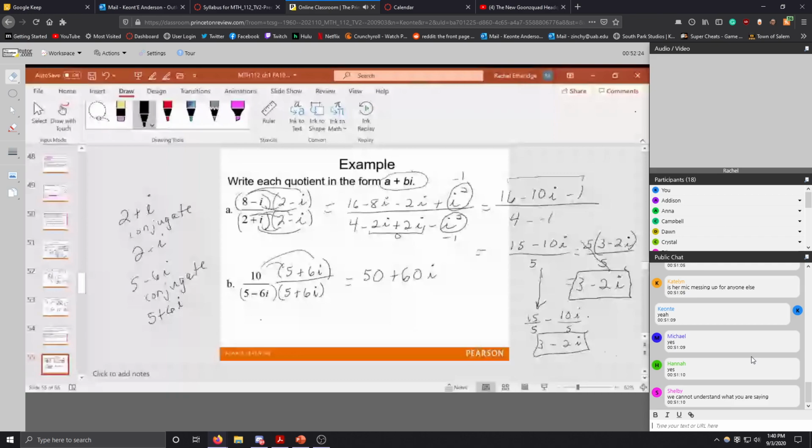Okay, so 10 times 5 is 50, and 10 times 6i is 60i. Now in the denominator, I'm going to use the FOIL method or distributive property, whatever you want to call it. So 25 plus 30i minus 30i, and then minus 36i squared.